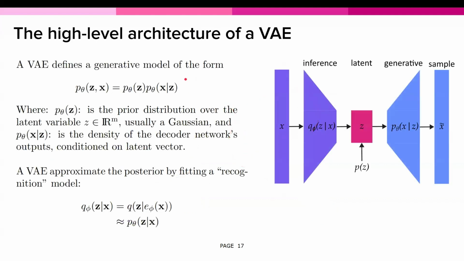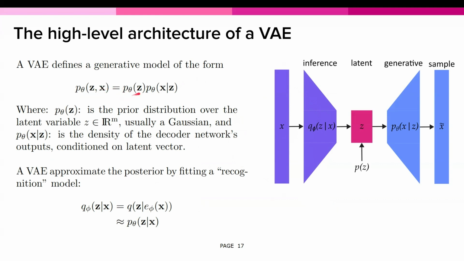A VAE is a probabilistic generative model designed to define a joint distribution between a latent variable z and the observed data x. By definition, this joint distribution can be broken into two parts.